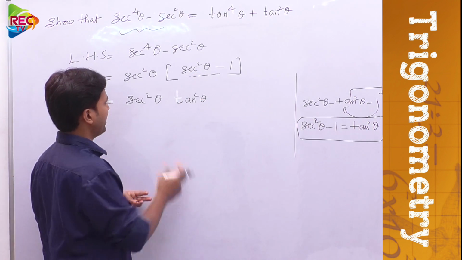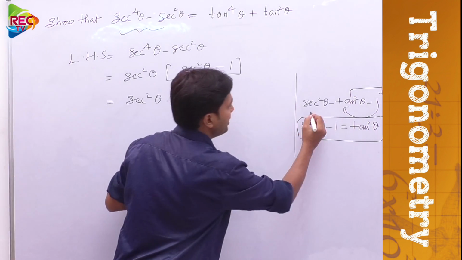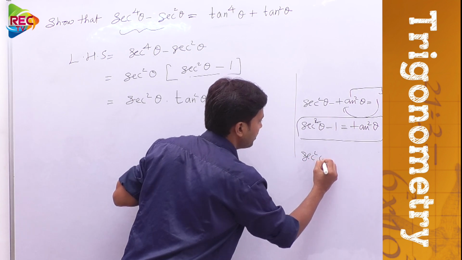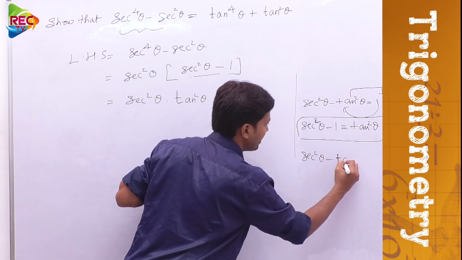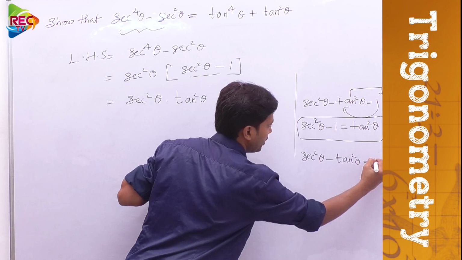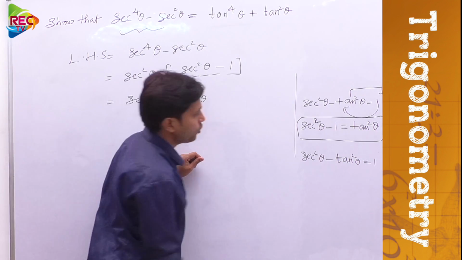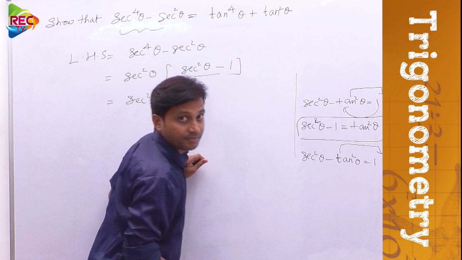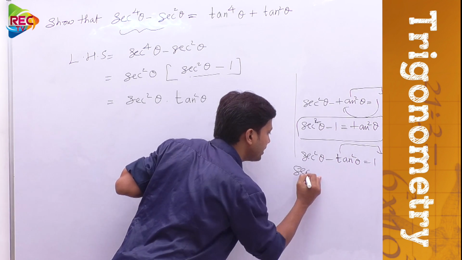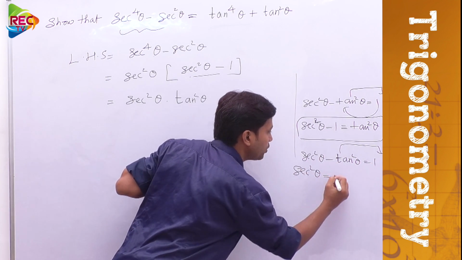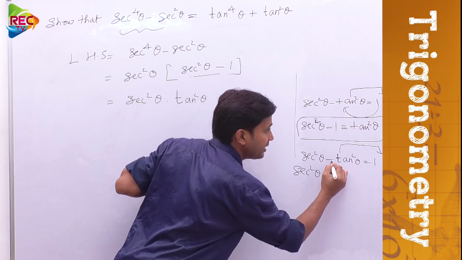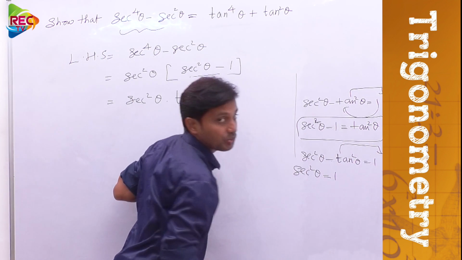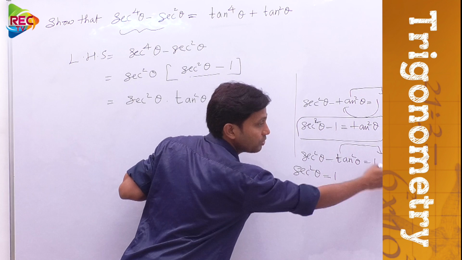How to use that? Again you just see here, secant square theta minus tan square theta equal to 1. Now do one thing, bring this tan square theta to this side, then what happens? Secant square theta equal to 1 plus tan square theta, since the minus tan square theta becomes plus tan square theta when you bring it to this side.